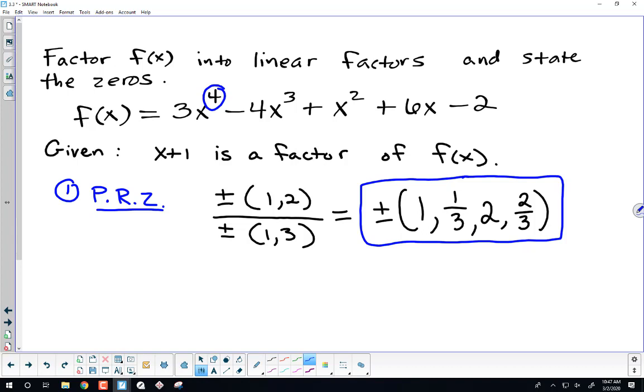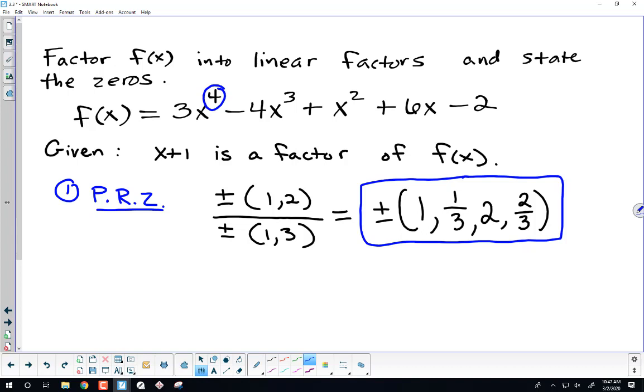The numbers won't be huge. Yes, I will definitely ask you to find the possible rational zeros. Even though I'm giving you one factor or one zero that works, I still want you to be able to find all of the possibilities.